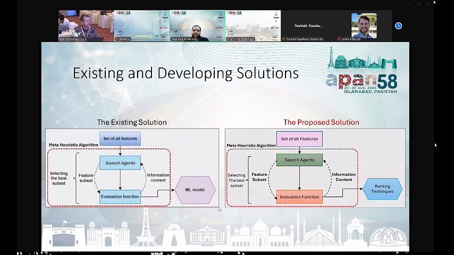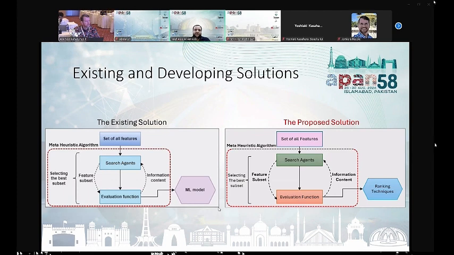So what we have been doing in this research, as you can see here in the figure, is that the existing meta-heuristic solutions rely on a machine learning algorithm to evaluate a subset of features. Basically, we have a full set of features inserted into the meta-heuristic algorithm. Then, as you can see in the left figure, the agents start to generate candidate solutions.